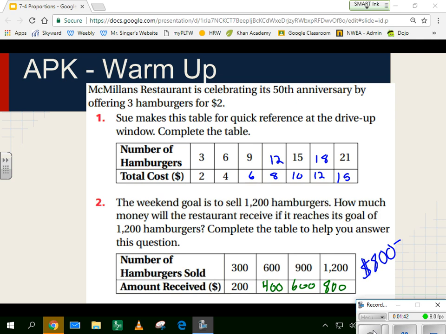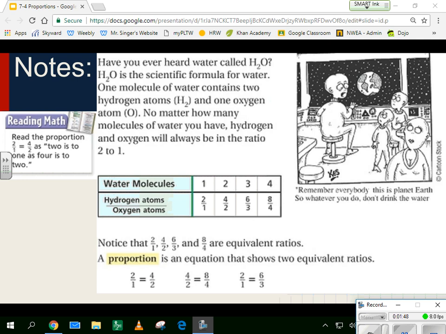All right, now that we're all warmed up and used our tables, let's get into proportions. All right, a little space humor here for you. So you've probably heard already that water is called H2O, dihydrogen monoxide. And the scientific formula, as we know, is H2O, which means there's 2 parts hydrogen for 1 part oxygen. That's a ratio. So if you had 1 little molecule of water, it would be a 2 to 1.